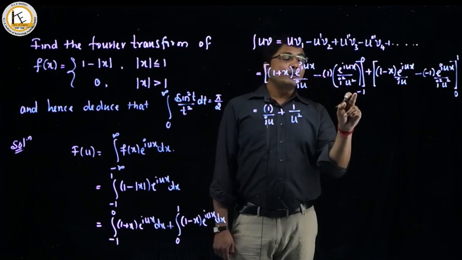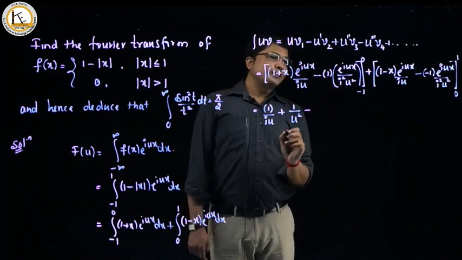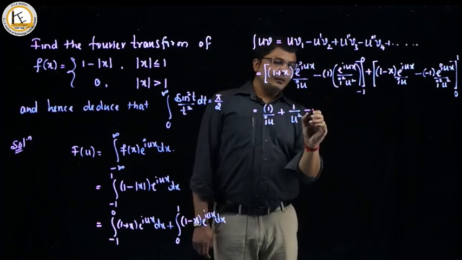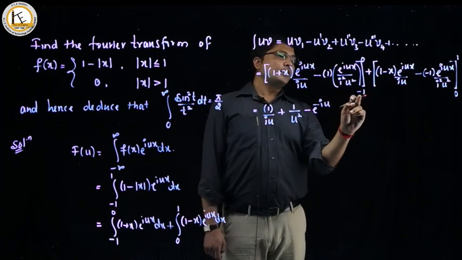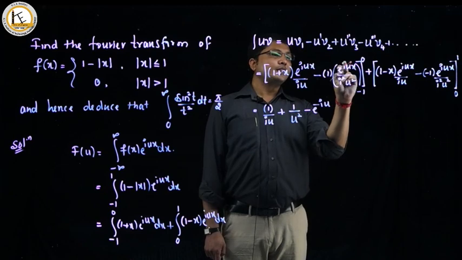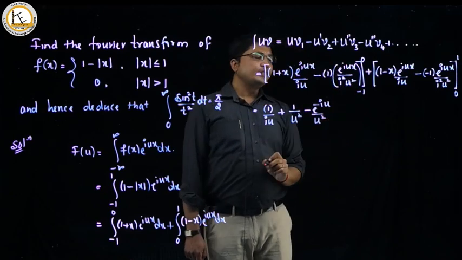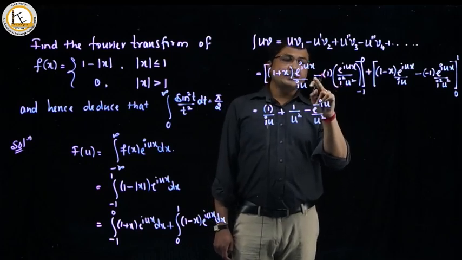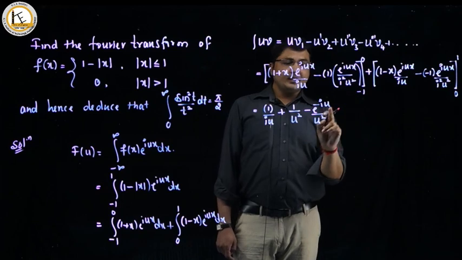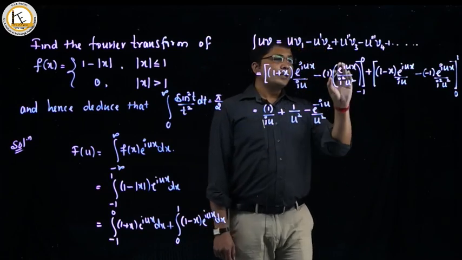And since we are applying the lower limit, we are going to have one more minus, so that is minus of e raised to minus iu. Obviously because we are putting x equal to minus 1, it is e raised to minus iu divided by u square. Why this minus? Because i square is minus, minus into minus becomes plus, and since we are applying the lower limit, therefore it is minus. So the first limits we applied.